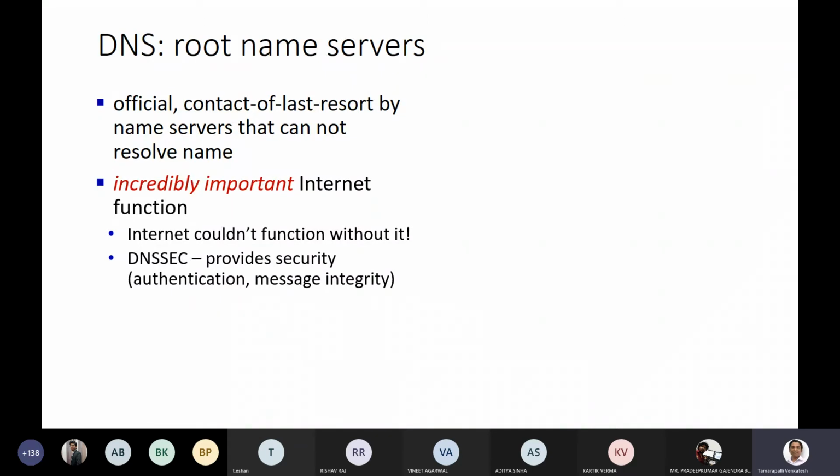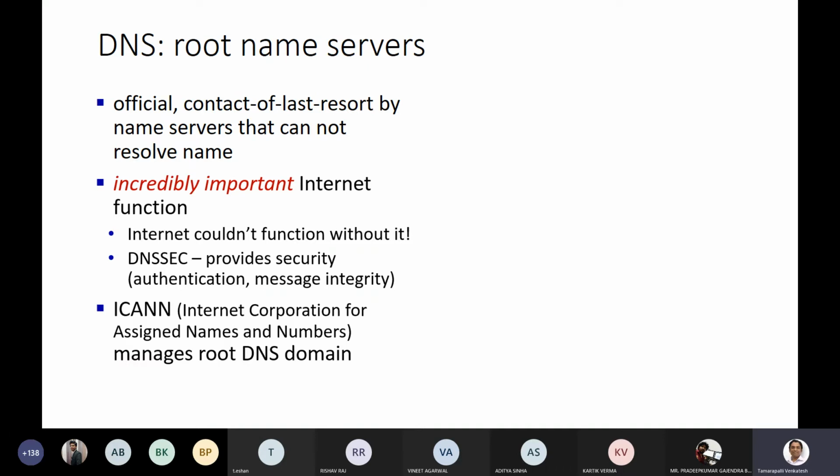The Internet cannot function without them, and they are normally protected by a security protocol called DNSSEC. So it would not be easy to modify the records, insert new records, or modify any record inside the root servers. At least they are protected, and they are also authenticated with security messages and schemes.